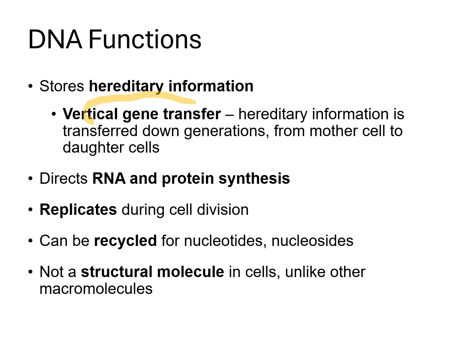During vertical gene transfer, this information passes from a mother cell to daughter cells, so from one generation to the next. DNA can also direct RNA and protein synthesis, and we'll see this in a future chapter, and its nucleotides can be recycled. Unlike other macromolecules, DNA's main role is informational and not structural.